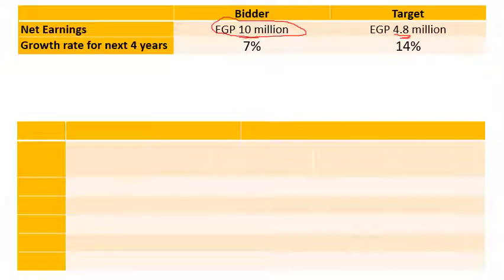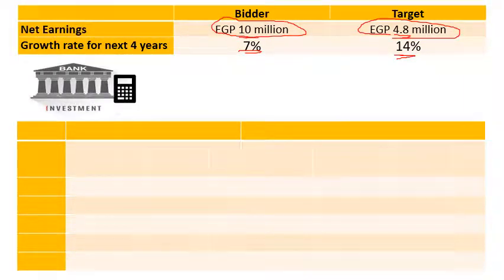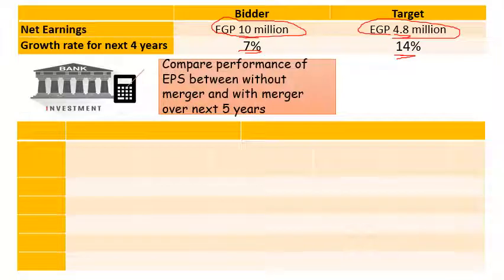These earnings are expected to grow at 7% for the bidder, and at 14% over the next 4 years for the target company. So the bidder required the investment bank to compare the performance of earning per share between two cases, without merger and with merger, over the next 5 years, including the current year.